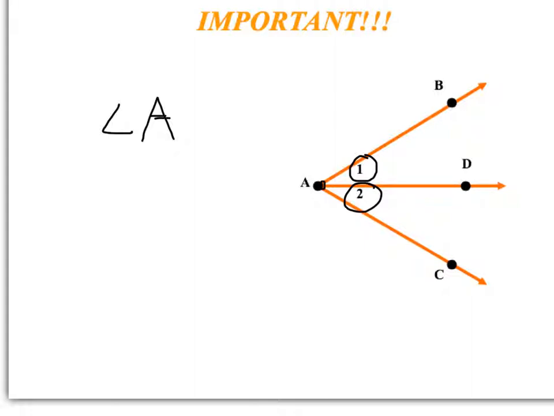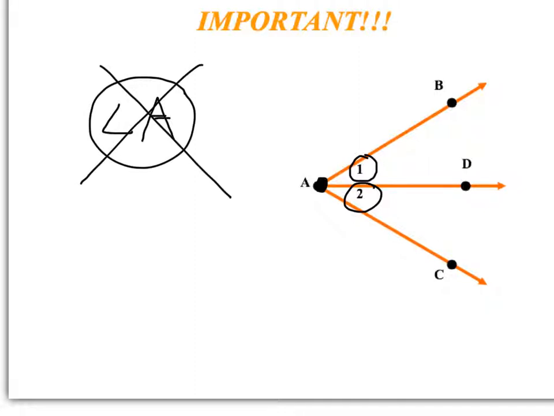So when this happens, when you have that vertex that has a lot of different angles that share it, do not use a single letter to name that angle. You got to get more specific. Call that first angle angle 1, or call it angle BAD, but do not call it angle A.